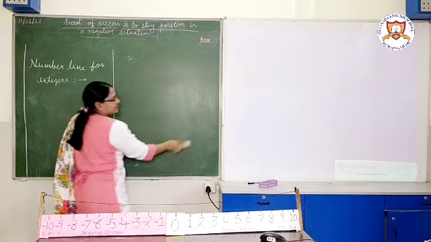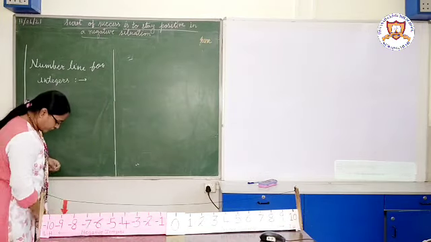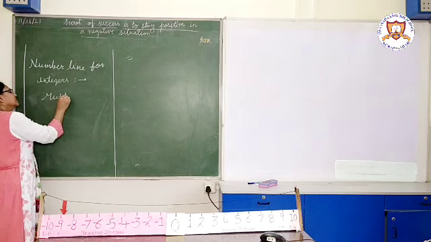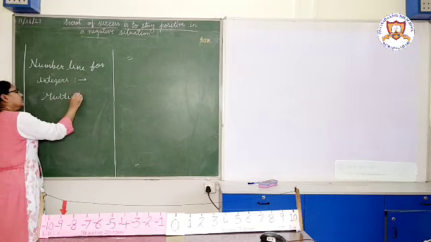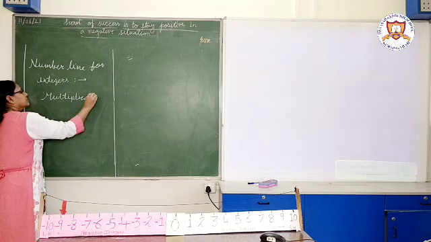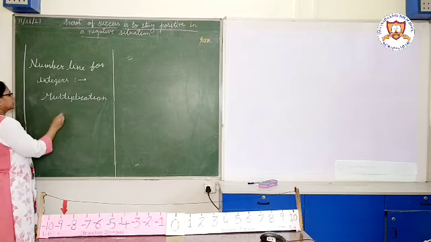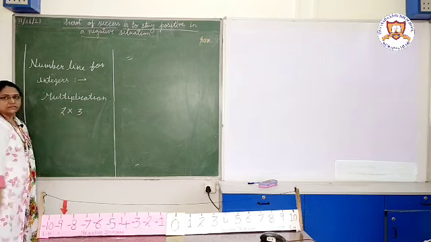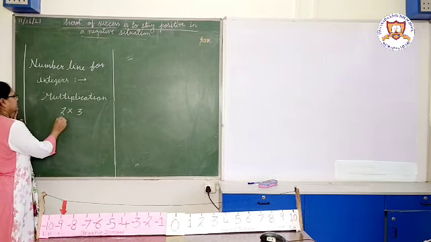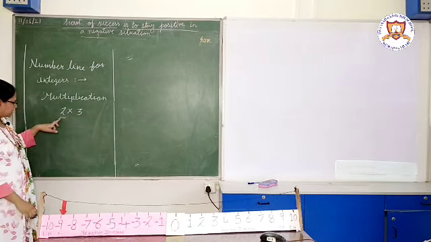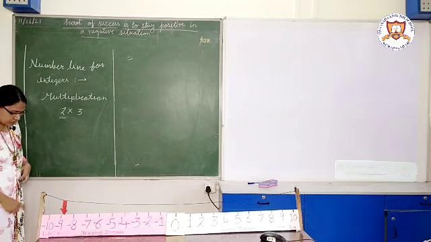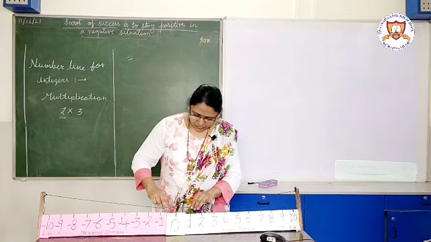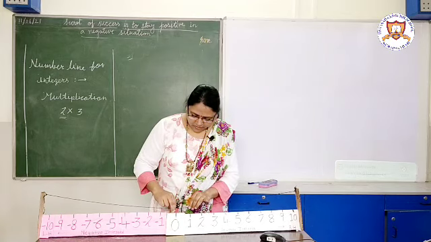We will see the multiplication also, how we multiply the numbers. If I want to multiply 2 multiplied by 3, how do I multiply this? First underline the first number, 2. We will always start with the 0 number.